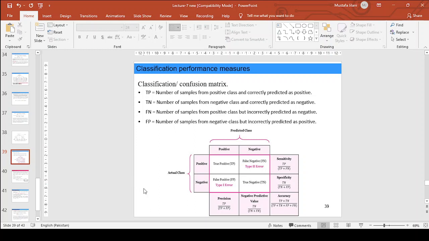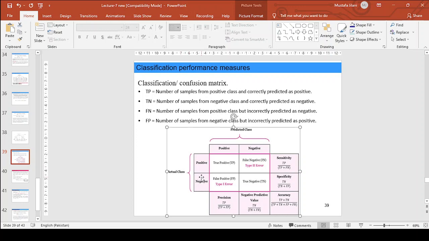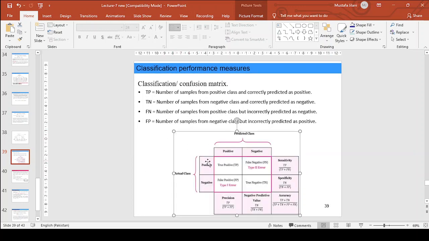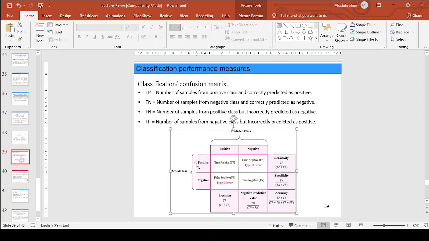in medical science, if somebody has pneumonia, or actually the person doesn't have pneumonia, it may be flu and cough, a normal one, and the prediction model says yes the person has pneumonia, or the person doesn't have pneumonia. The pneumonia test is positive, or the pneumonia test is negative.